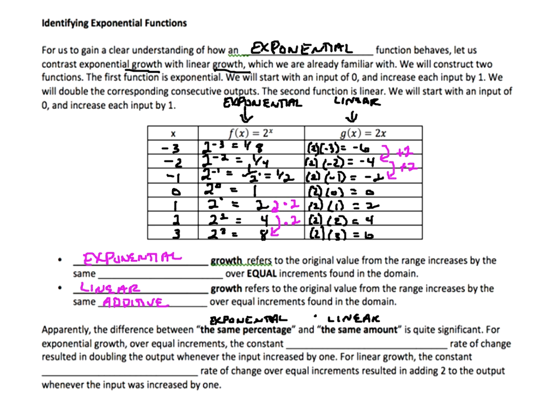Although that does go with exponential growth, it's the next set of blanks here. This is over the same percentage. Now those words down there make sense. Over equal increments found in the domain, and linear growth.